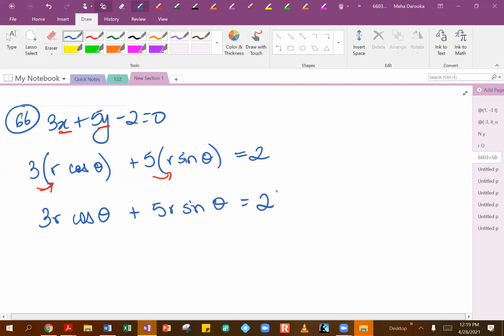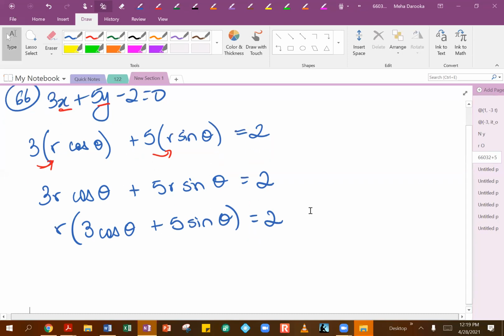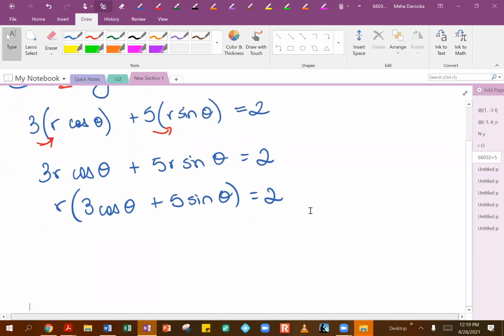And then the only thing we need to do is, since both our sine and cosine functions have that r in common, we can bring the r outside as our common factor. That will leave us with r times the quantity 3 cosine theta plus 5 sine theta, which equals 2. The very last thing we have to do is isolate the r. All you need to do is divide both sides by what we have inside the parentheses.